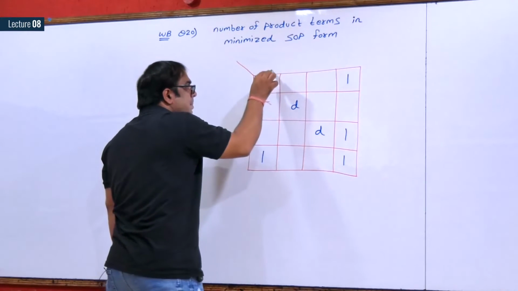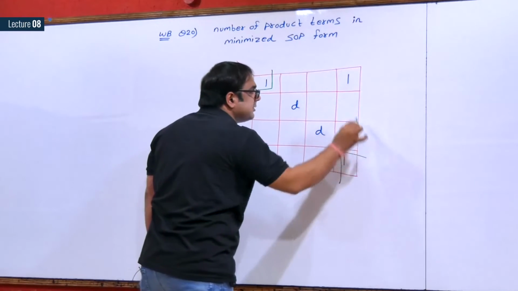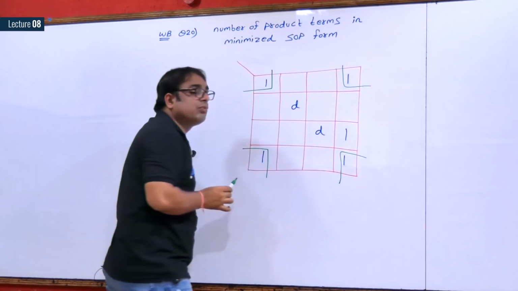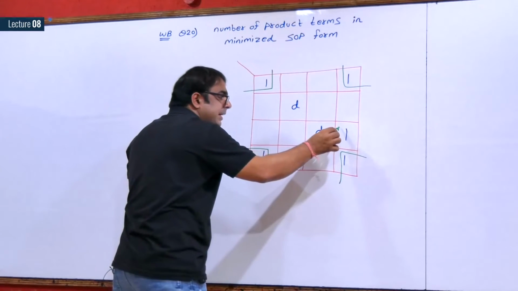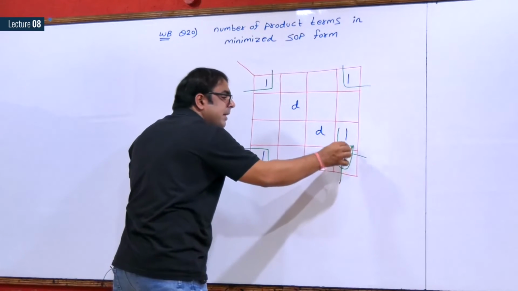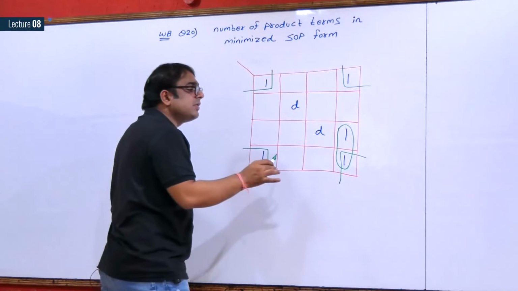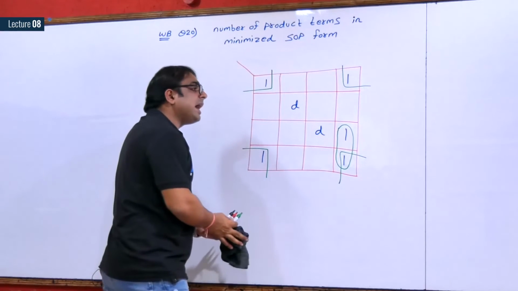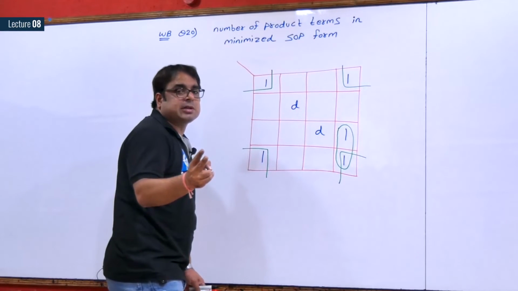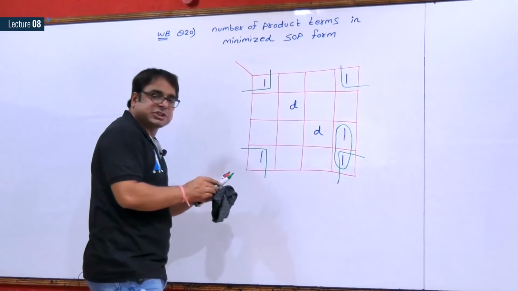For example, this corner is one possible group. This will give you one product term. This min term, we will make this group of a pair. This will give me another product term. So there are two product terms in the minimal SOP form of this expression.